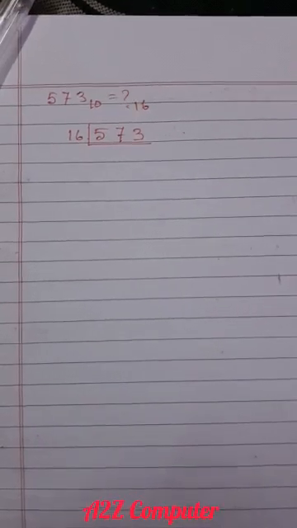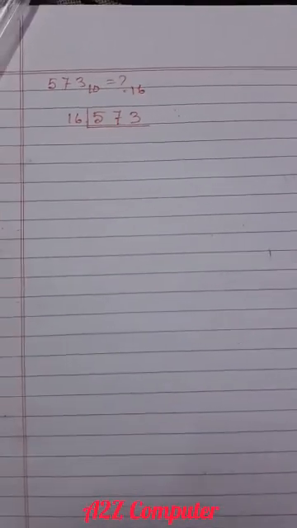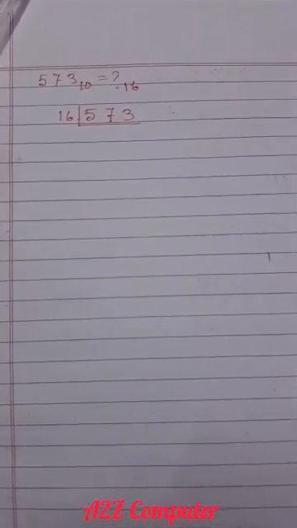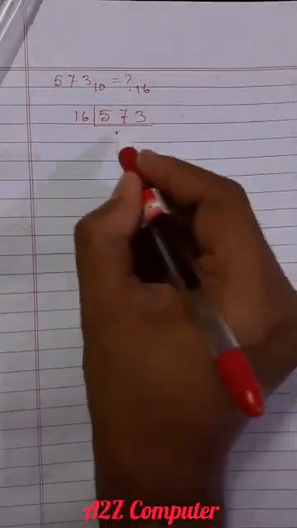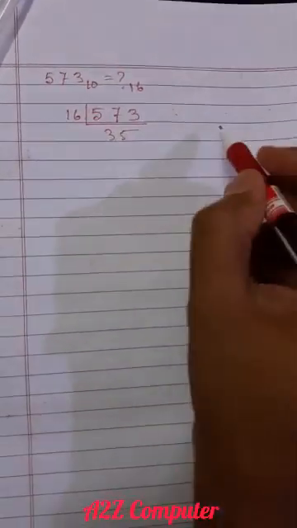Now the next number is 573. If you divide 573 by 16, what will be the quotient value and the remainder value? Look here, I have already done it. The quotient is 35 and the remainder is 13.